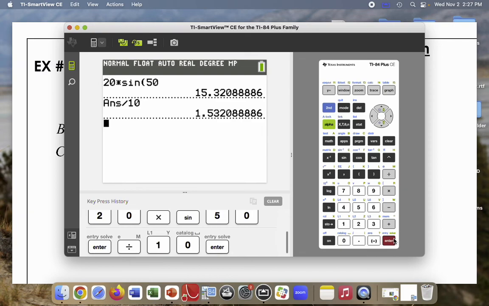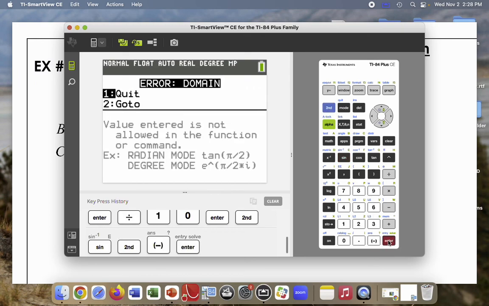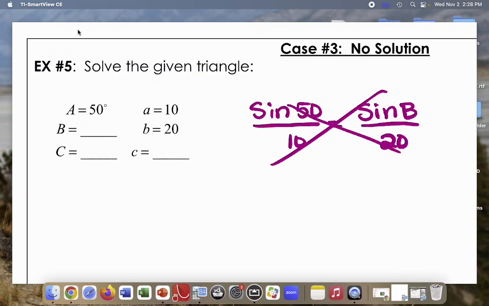Now, that is what you are going to try to take the arc sine of, and sine's domain is from -1 to 1, so that's outside of the domain. So when I do second sine inverse of my answer, it can't do it. It's not possible because it's outside of its domain, okay?